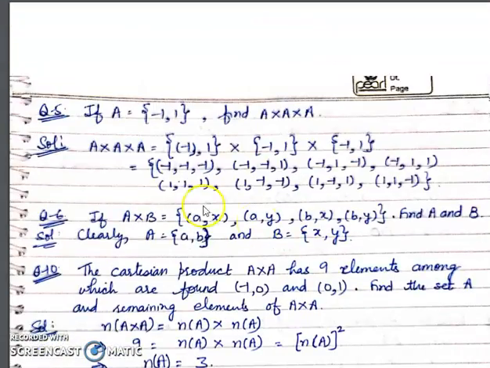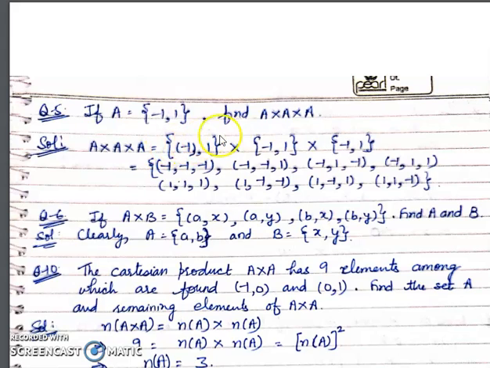Now come to question number 5. If A is equal to {-1, 1}, find A cross A cross A, meaning triplets of these. So we have to make triplets from these 2 elements because set A consists of 2 elements. So A cross A cross A consists of 8 elements, 2 to the power 3 is 8.